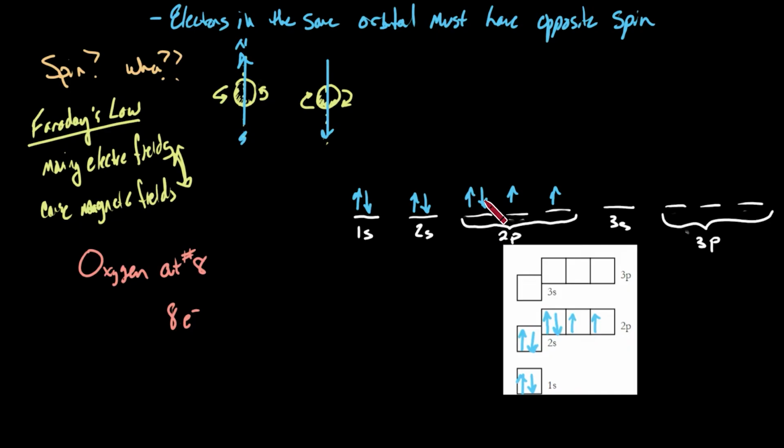It is 1s, 2 electrons in that sublevel, 2s2, 2p, 1, 2, 3, 4.